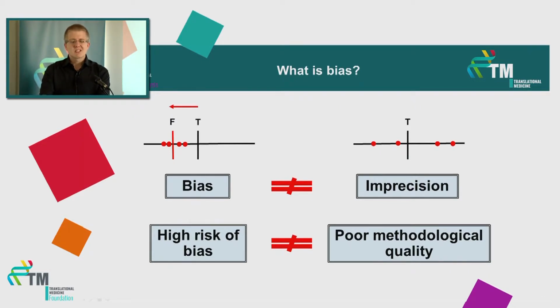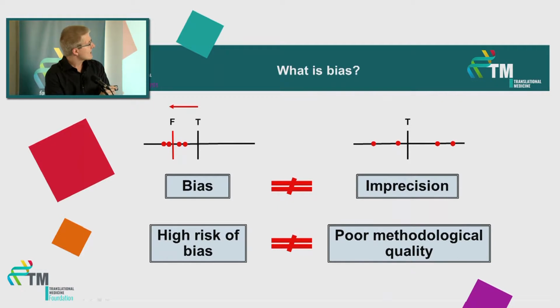Sometimes there is a misunderstanding because some authors mistake bias for imprecision. As you may see here, this is the true average, and this is the false one, and the bias, the confounding factors, shift the average in the direction of the false one.